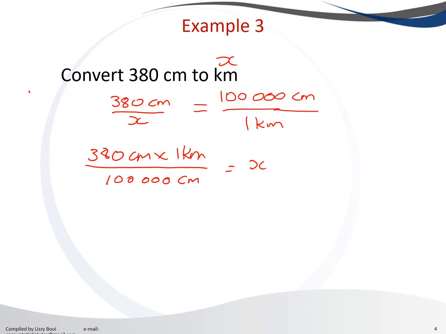Okay, so centimeter cancels centimeter, and we're left with 380 times 1 is 380 divided by 100,000, and the answer is 0.0038 kilometers.